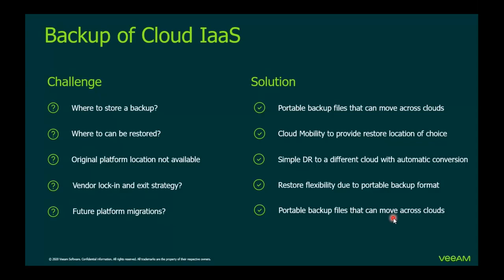Use the restore to AWS or Azure feature and restore it directly onto a cloud using Veeam. So your restoration is free. Your migration will happen automatically. Veeam will take care of everything. You don't have to worry about your migration, right? You don't have to build your infrastructure in the cloud from scratch. Veeam will take care of it.